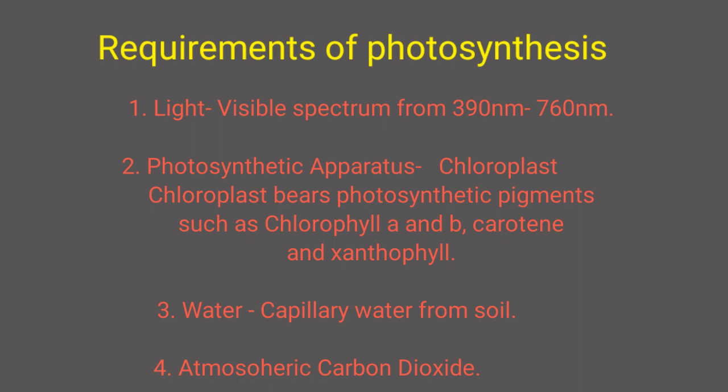And then comes the important constituent, that is water. As you know, it will be the capillary water present within the soil particles that the plant body can access. This capillary water is absorbed by the root hairs, and through the root hairs it comes to the roots, and from the roots it is passively transported to the leaves through the xylem vascular tissue, and in that way it reaches the leaves.